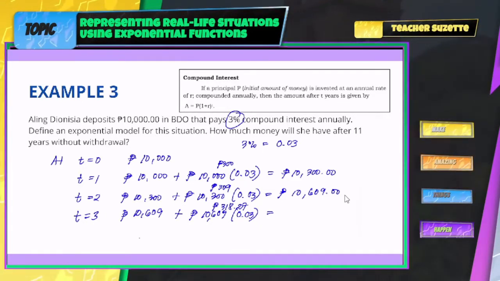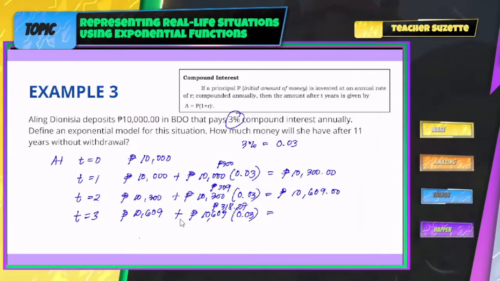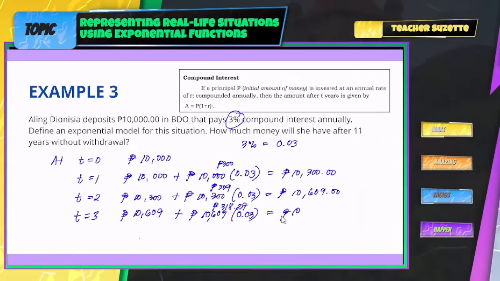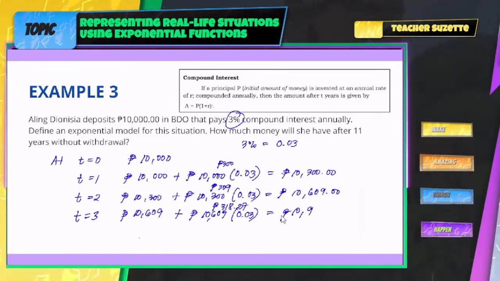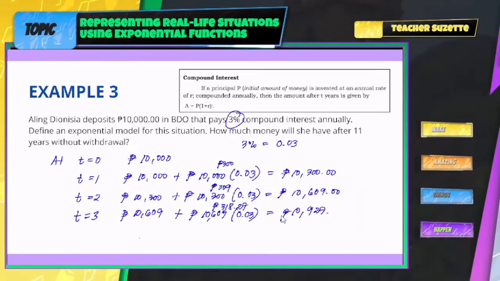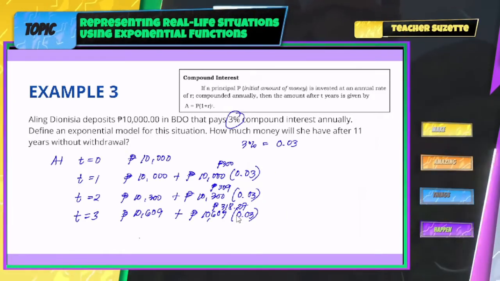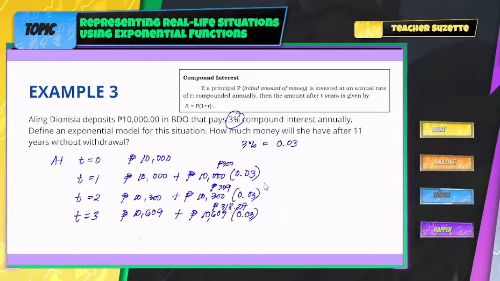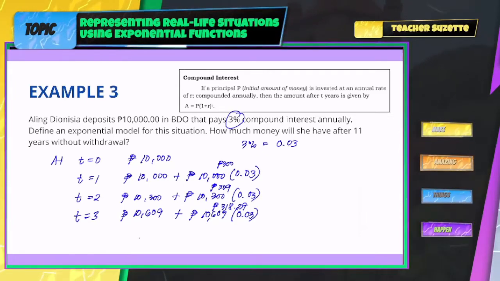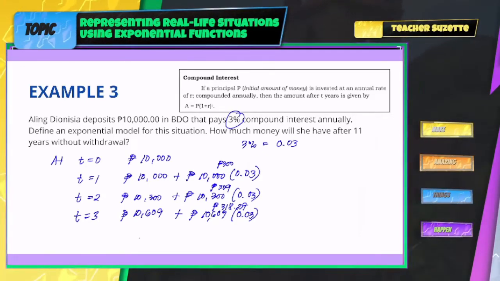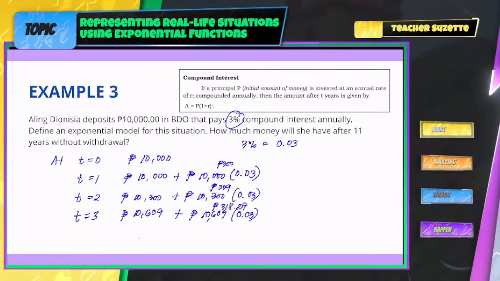So, add lang po natin siya sa ating principal. So, we will have now 10,927.27 pesos. So based dun sa ating mga kinumpute kanina, again, compound interest is the principal amount together with the interest earned. Ayan, no?